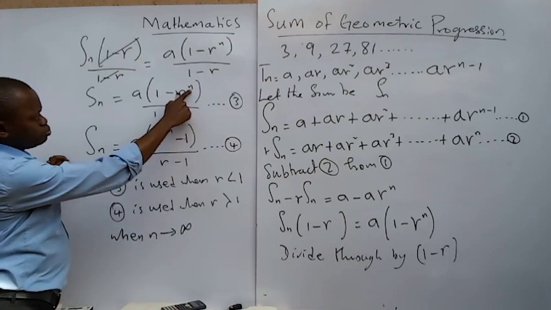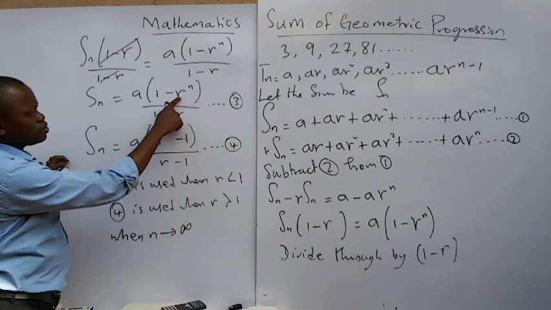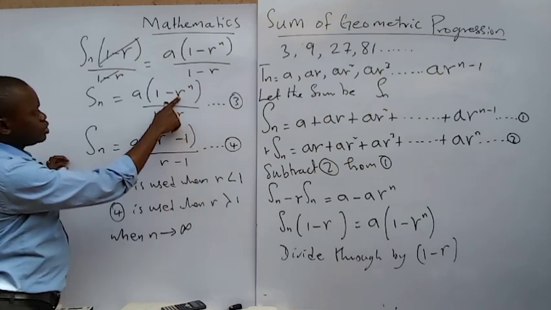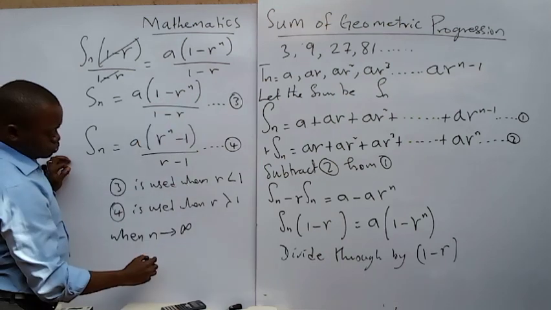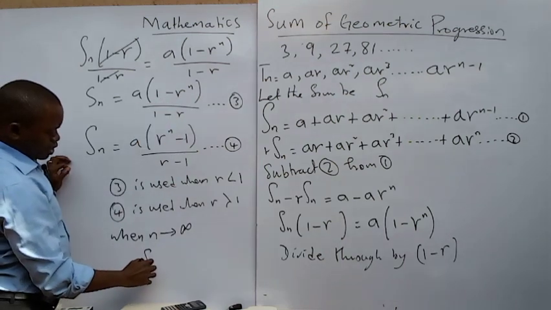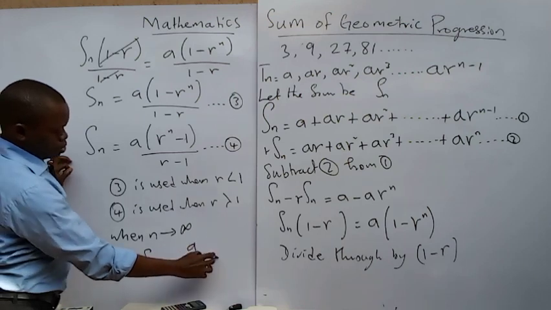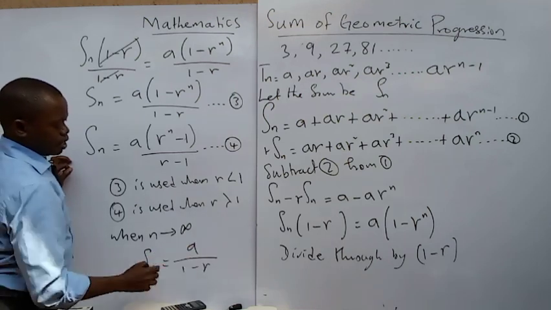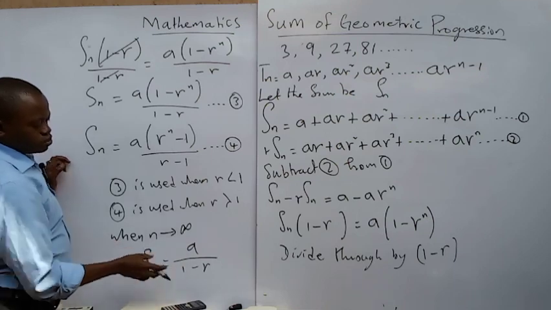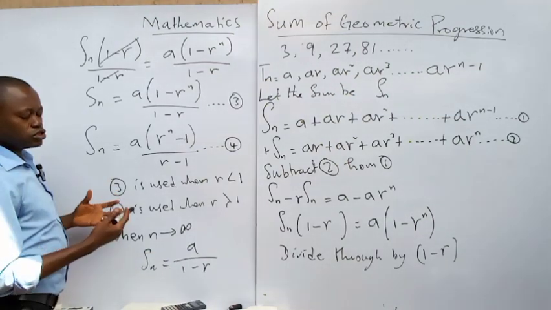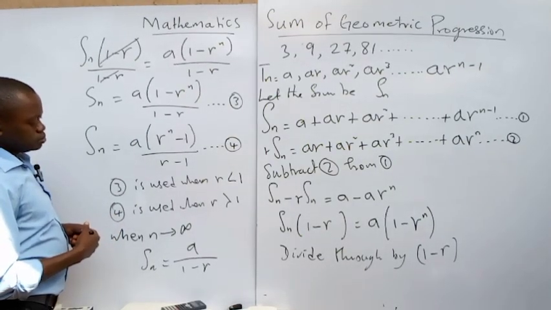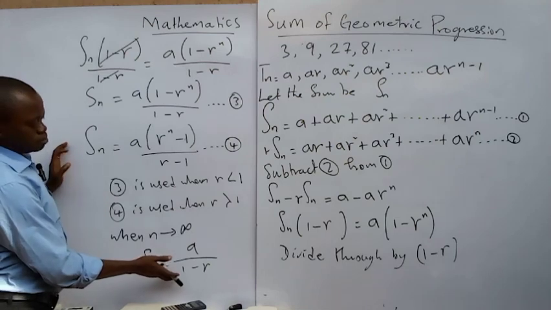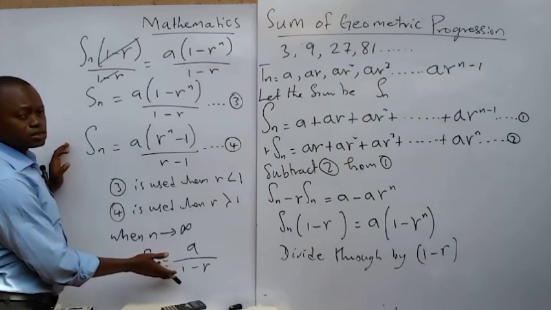You realize that when you put n tending to infinity, this will become 0, and 1 minus 0 is 1. Obviously, what you are going to get is S equals a over 1 minus r. So this mathematical expression is used to calculate the sum to infinity of a geometric sequence. We can add it up there as part of the knowledge we have gotten today.